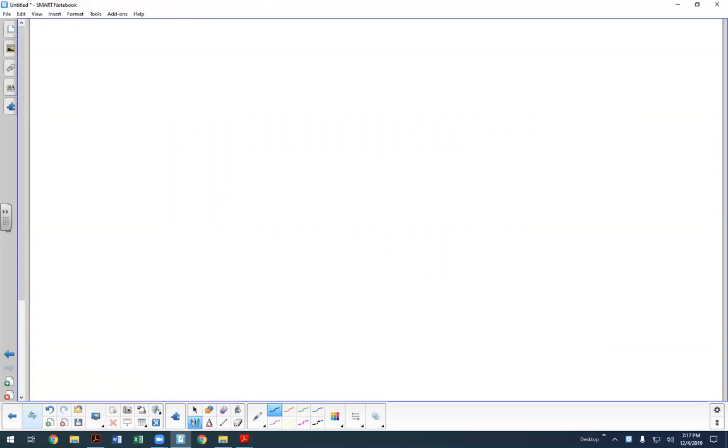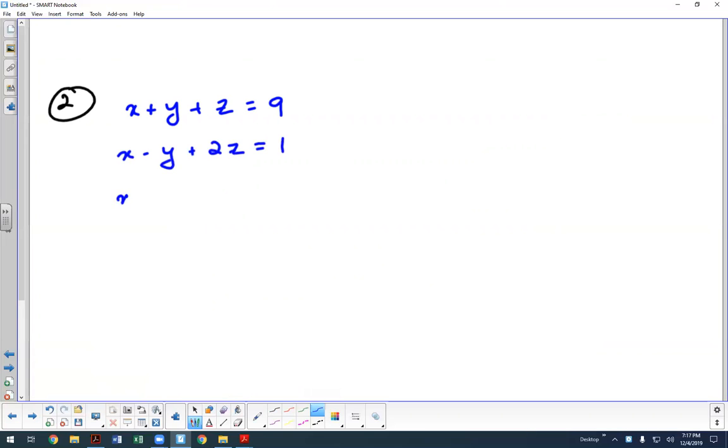So let's see what this one looks like. We've got x plus y plus z equals 9, x minus y plus 2z equals 1, and x plus y minus z equals 5.